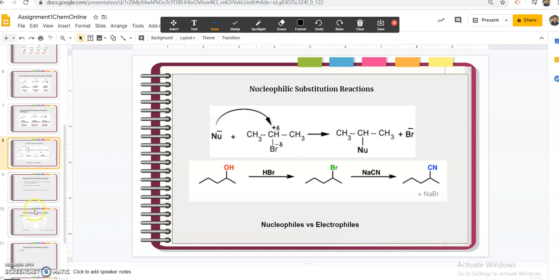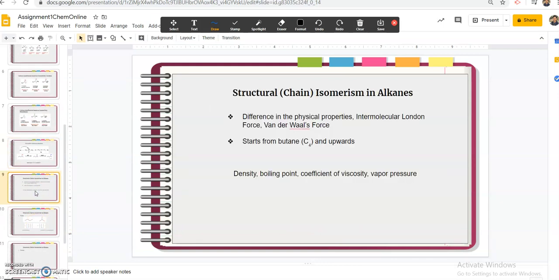So now let's quickly move over to the idea of structural or chain isomerism in alkanes. I think I briefly mentioned this last time. You can have the same number of carbon atoms in alkanes but a different chain structure, right?